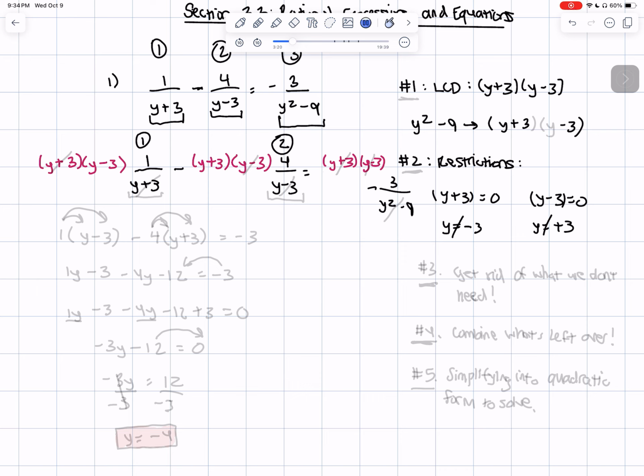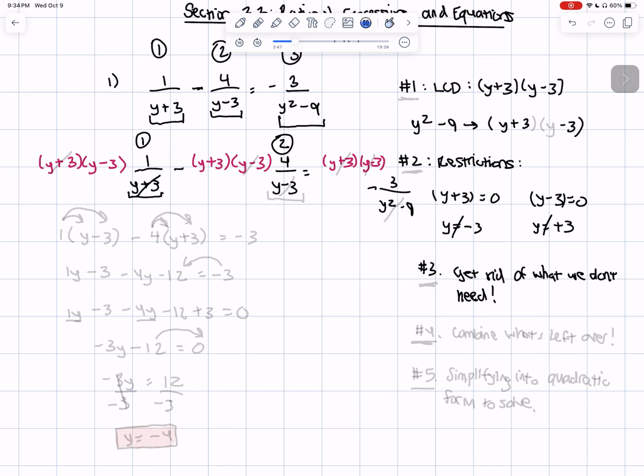Okay, so our next step, this is step 3, is we want to cross out what we don't need. If I look at my denominators, I see that y plus 3 is here.